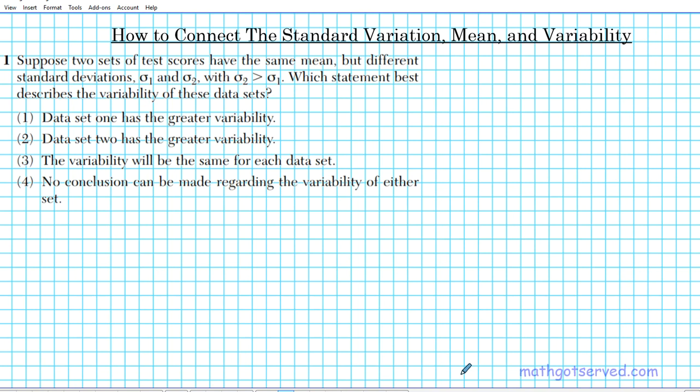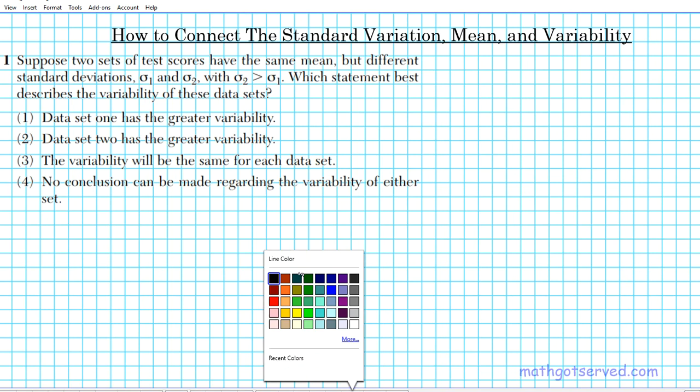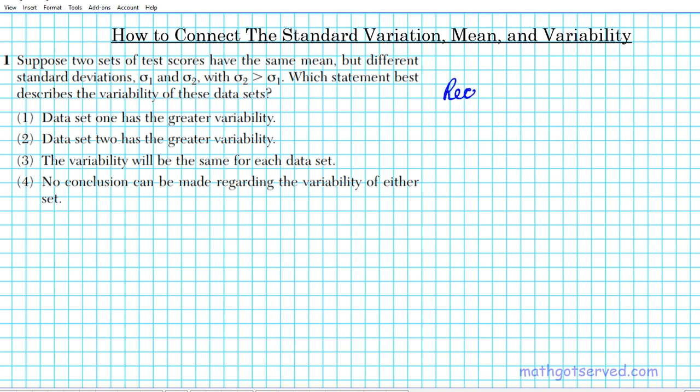Alrighty, so before we answer this question, let's do a real quick refresher on the measures of variability that we have in statistics. It's important that you know all of them. So recall, concerning the measures of variability, you're going to remember that there are 4 of them.